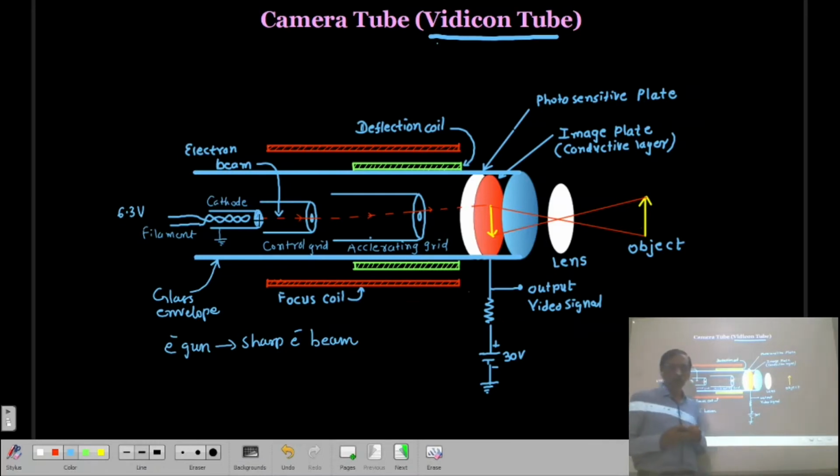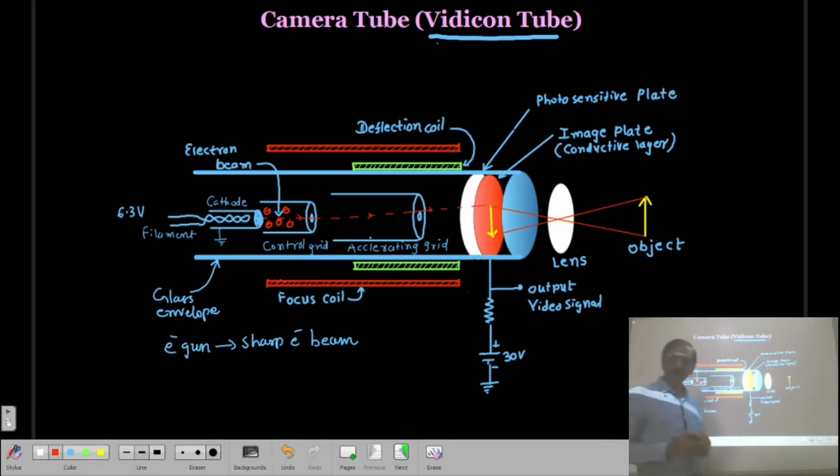Due to the heat produced by the filament, the electrons are emitted from the cathode. Because the work function of barium oxide is very low, with a small temperature these electrons are emitted. Remember, here we can have a number of electrons.